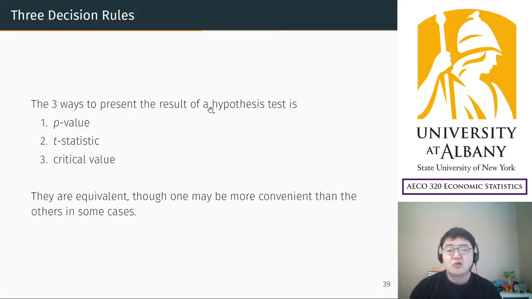And of course, the reason why the three methods coexist is because one may be more convenient, easier to calculate than the others in some cases. So you can choose one method in a specific case, and then you may change to another method if the context changes, which may be more convenient to you. So it's also nice to understand all of them.